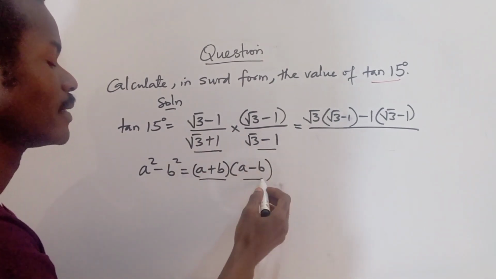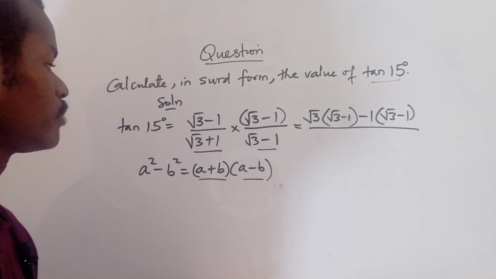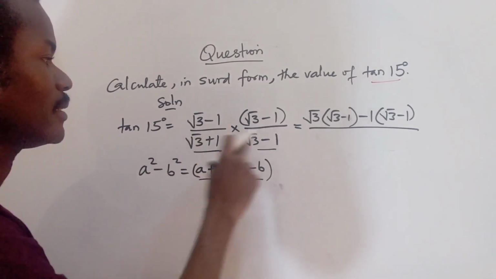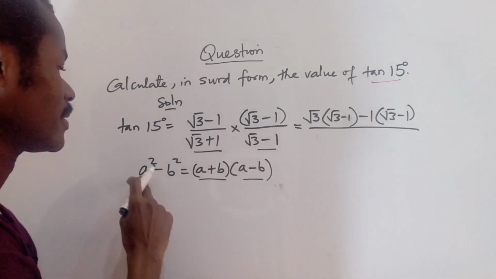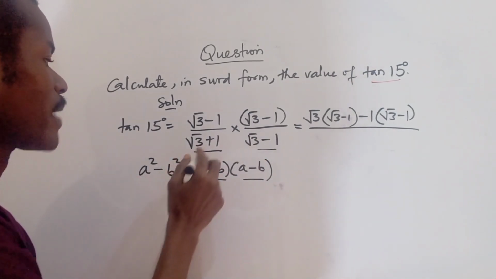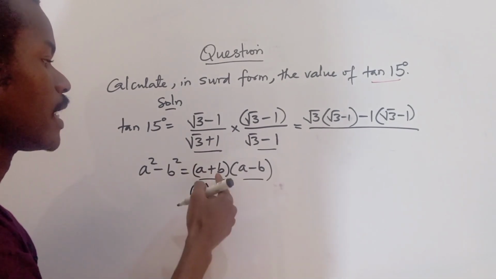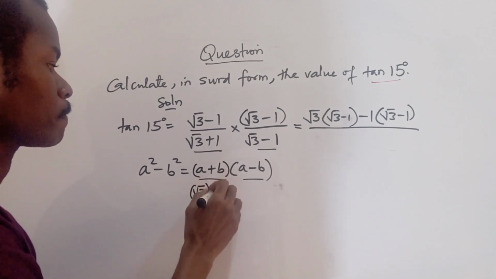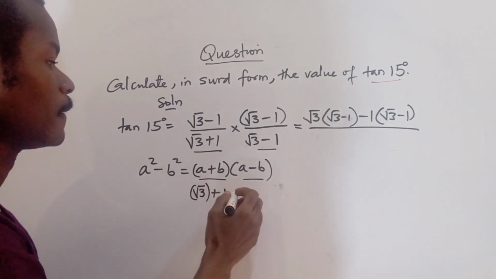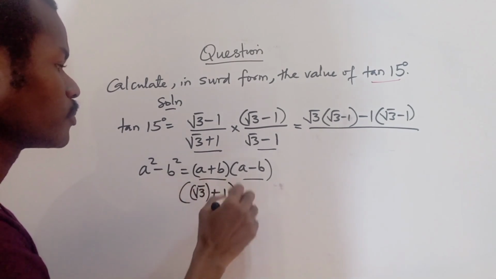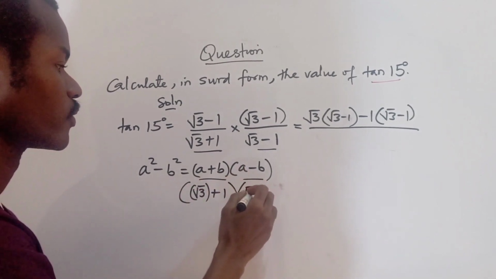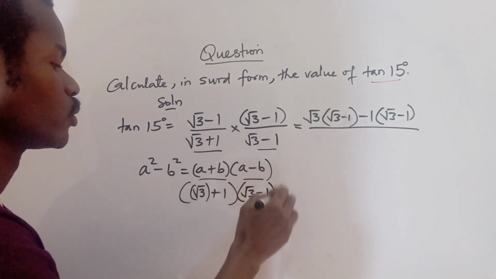So we can write this multiplied by itself in this form. My a is square root of 3, and my b is 1. Also my a here is square root of 3 minus my b, which is 1.